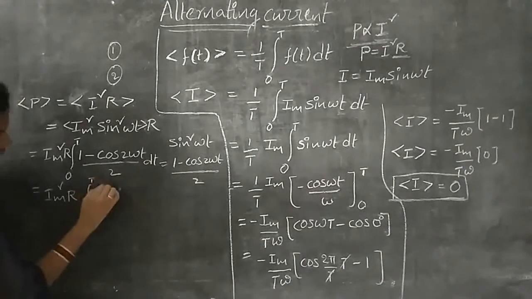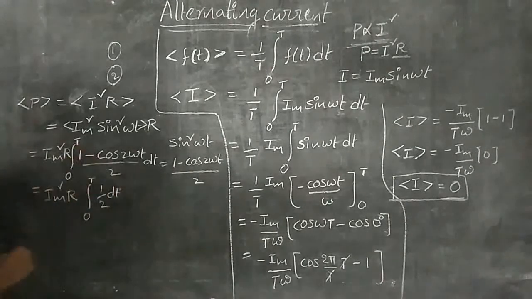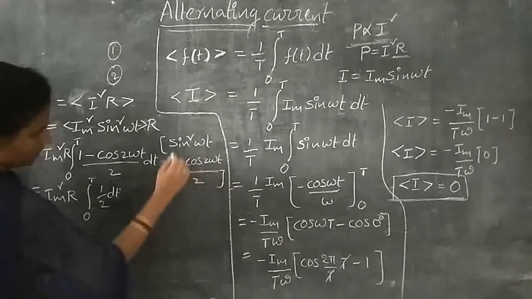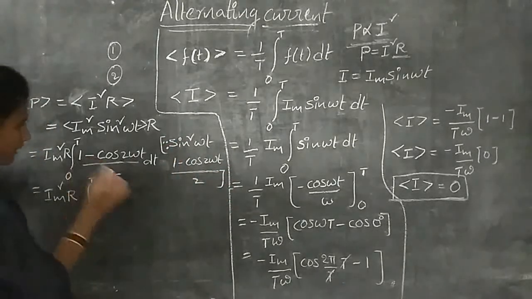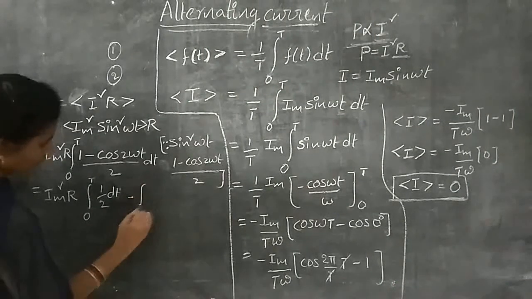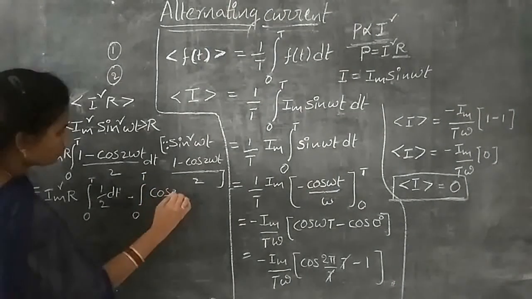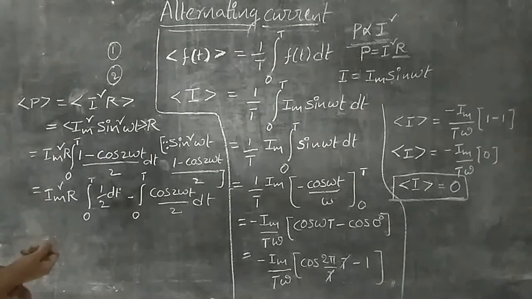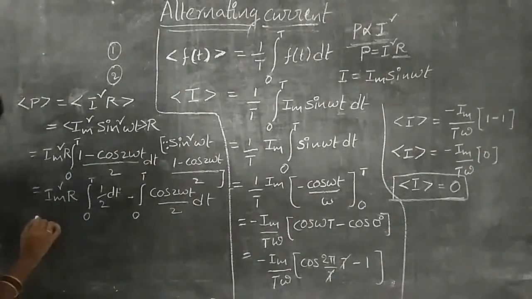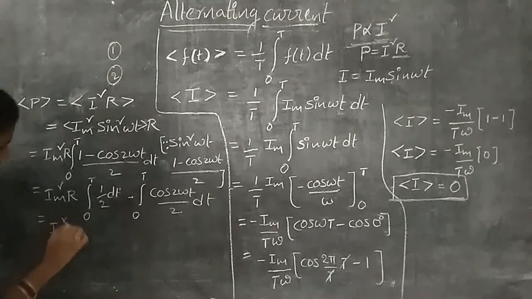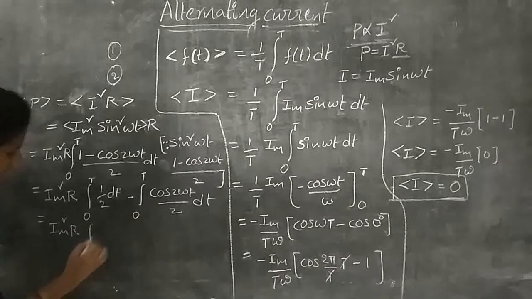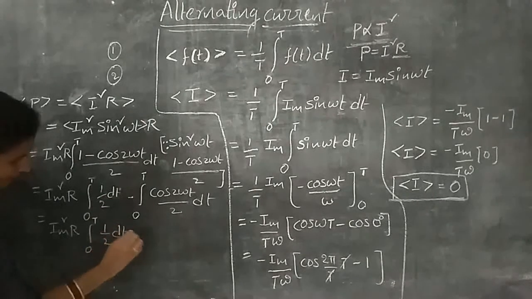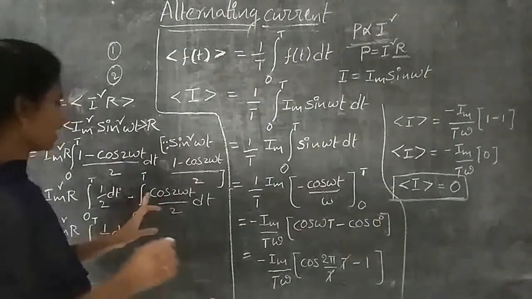So Im square R times the integral from 0 to T of 1 by 2 dt, minus the integral from 0 to T of cos 2 omega t by 2 dt. First we have to solve this.